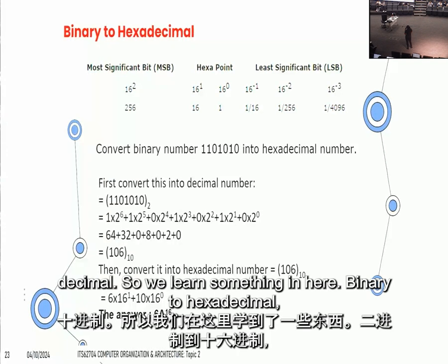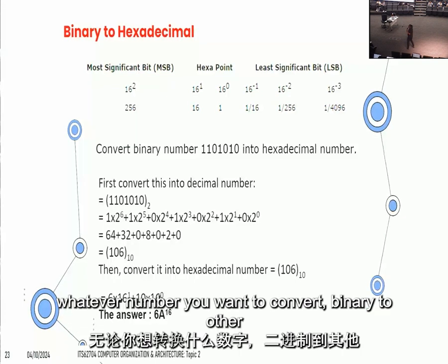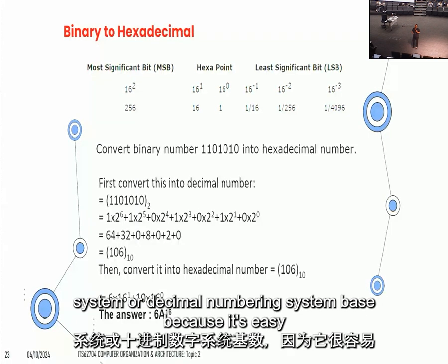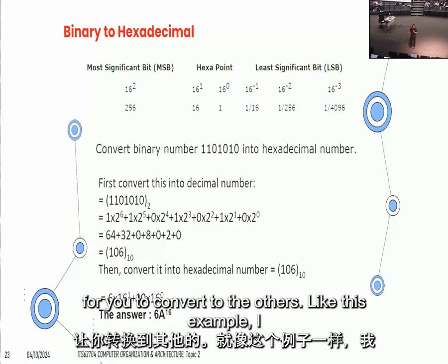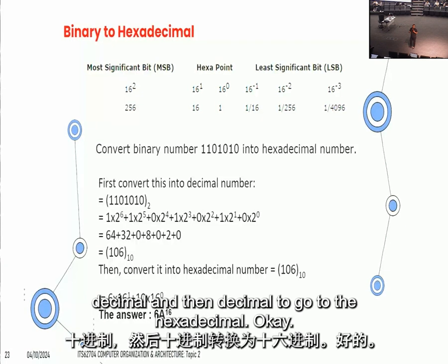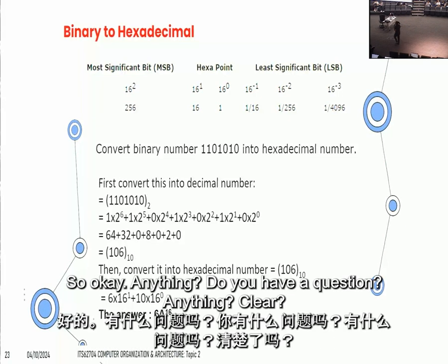So we learn something here: whatever number you want to convert from binary to other bases, it is better to convert to the decimal numbering system first, because it is easy to convert to the others. Like this example, binary to decimal, and then decimal to hexadecimal. Okay, do you have any question?